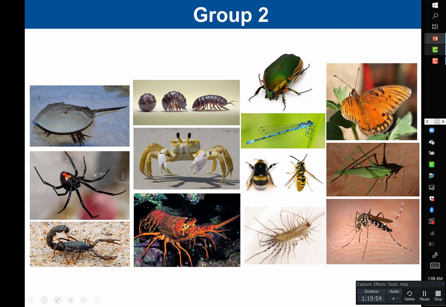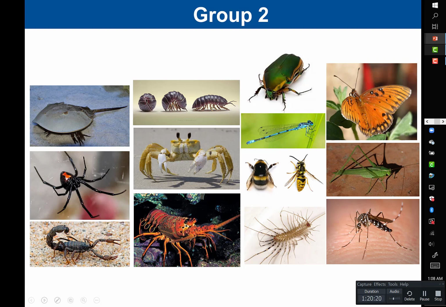You want to look at these organisms, see what they have in common, and write some common names, right? You can name some of these probably on your own pretty easily. And then using your dichotomous key, what are the shared characteristics? I'm going to go through these fairly quickly in the video.